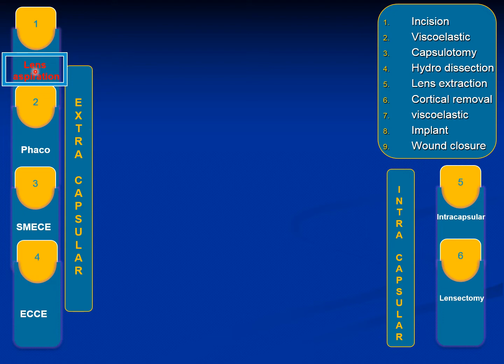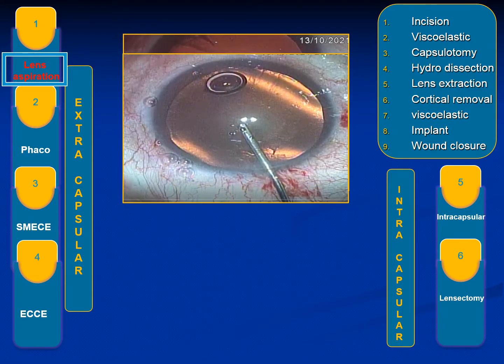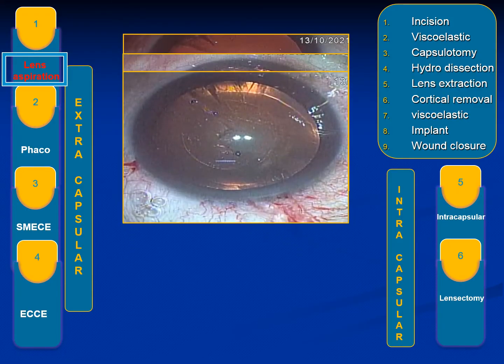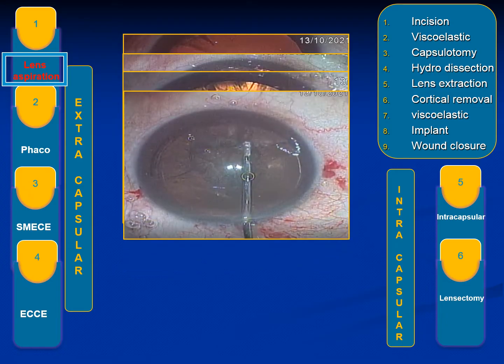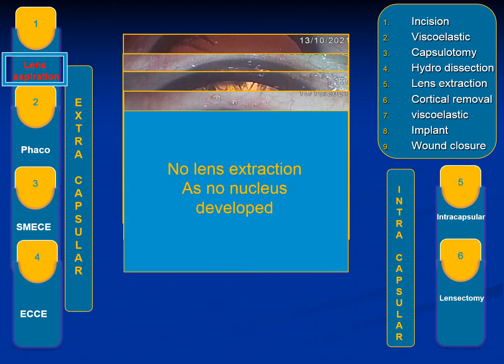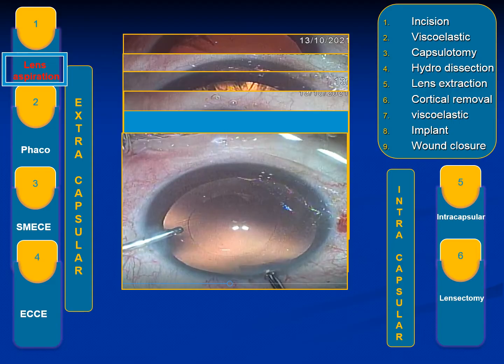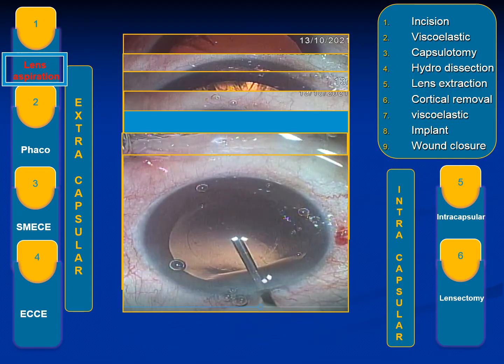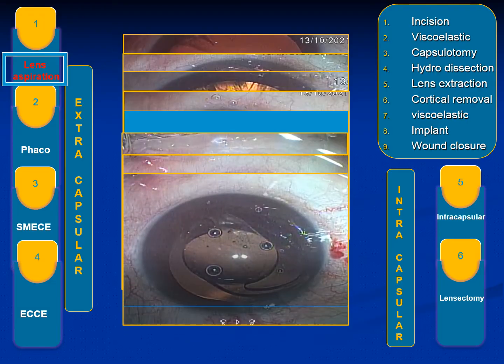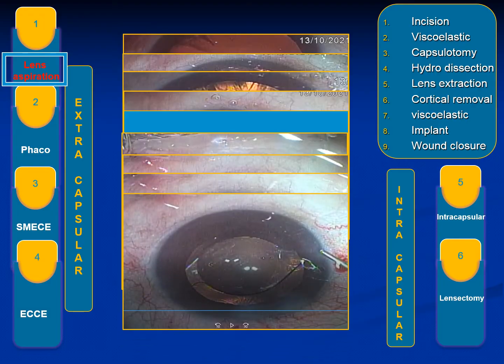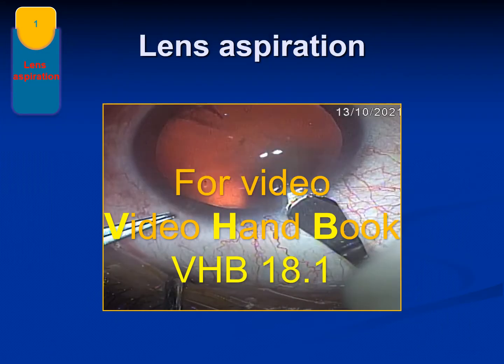First of all, the highlighted one is the lens aspiration, 9 steps: incision, viscoelastic injection, capsulotomy, hydrodissection for separating the lens from the capsule, no lens extraction because the lens hasn't yet developed, cortical removal or irrigation aspiration, again putting the viscoelastic in, then putting the implant in, and then the wound closure. Same steps as for the other types of cataract surgeries. For the video of this, you need to watch VHB 18.1.